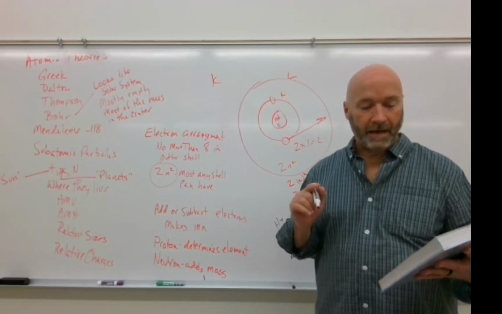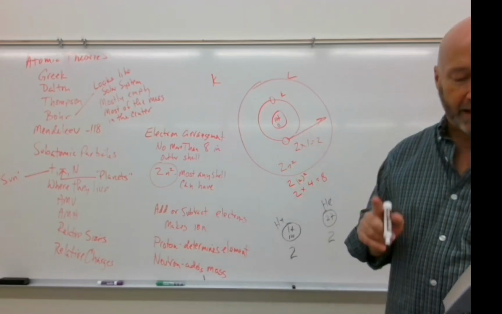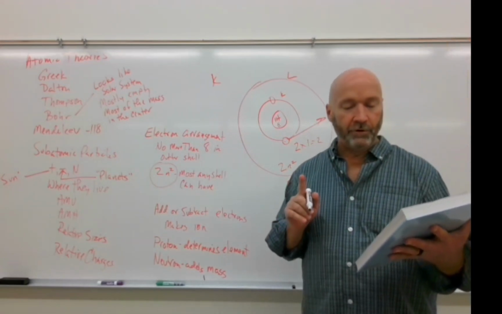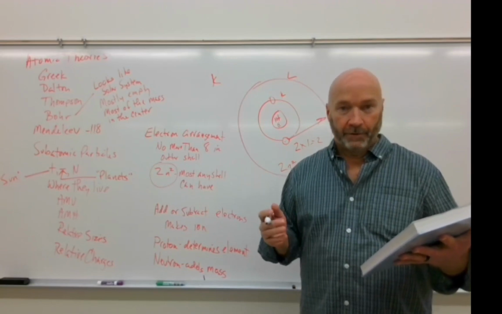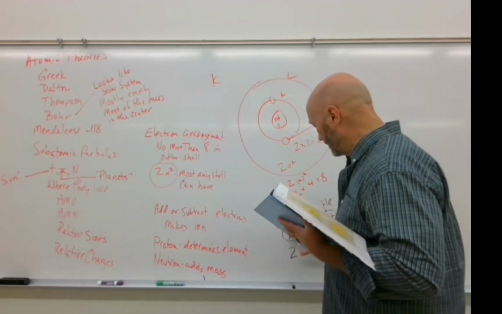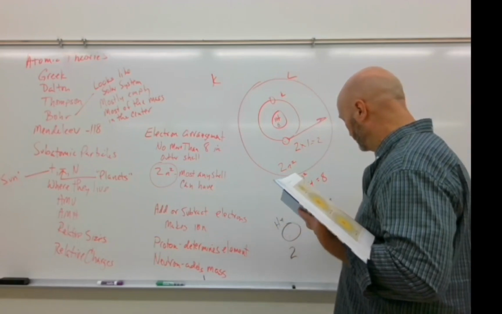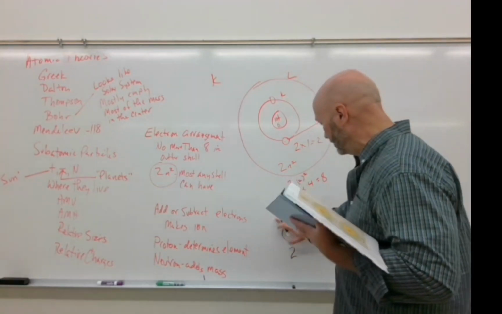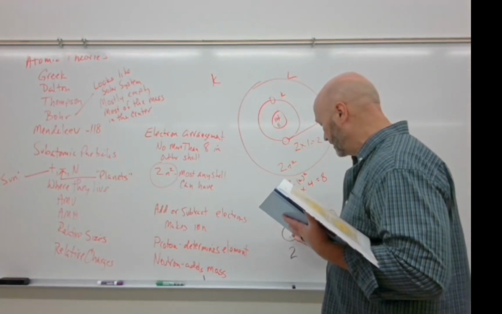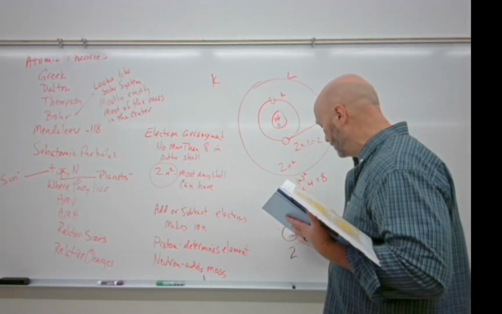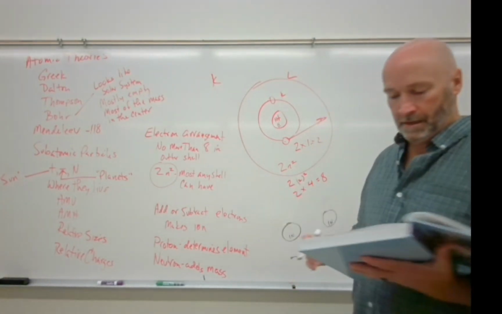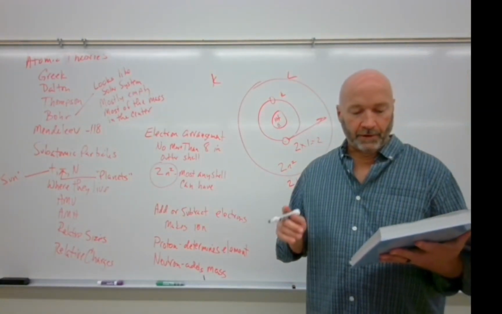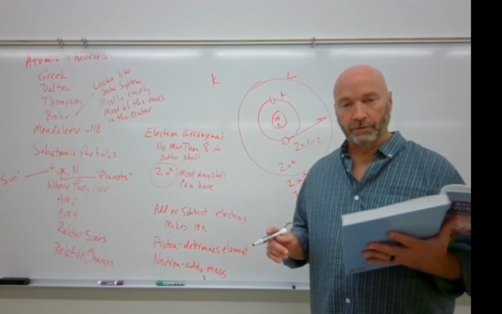Isotope will. Isotone: atoms that have the same number of neutrons, stop. Same number of neutrons. So over here we've got 1 neutron, 1 neutron. Atoms have the same number of neutrons but different numbers of protons.